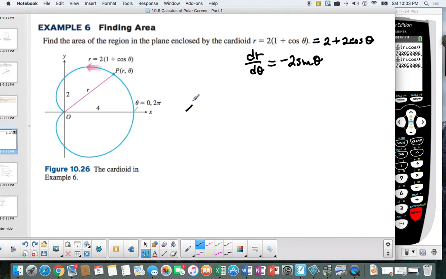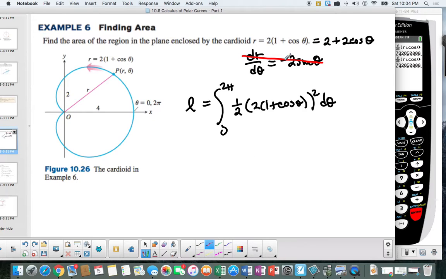So our area will be equal to the integral from 0 to 2 pi of 1/2 r squared, which is 1 plus cosine theta squared d theta. And now that I look at it, I really didn't need this. That's necessary for arc length, but not necessary for area, because the area only needs 1/2 r squared d theta.